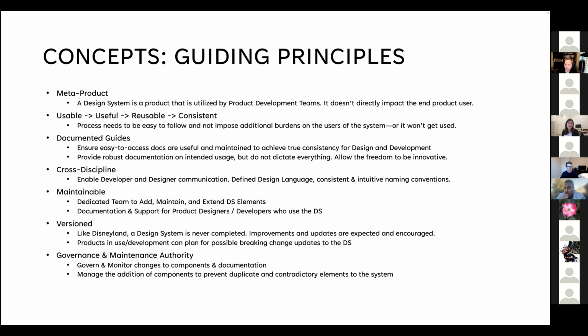It needs to be maintainable. If there's ever any additions or changes, you want to make sure that's easy to update so that the documentation matches the design and development components that are a part of the system. And then because it's being updated, you need to make sure it's versionable. And then governance and maintenance, because so many teams could potentially be using this one system.